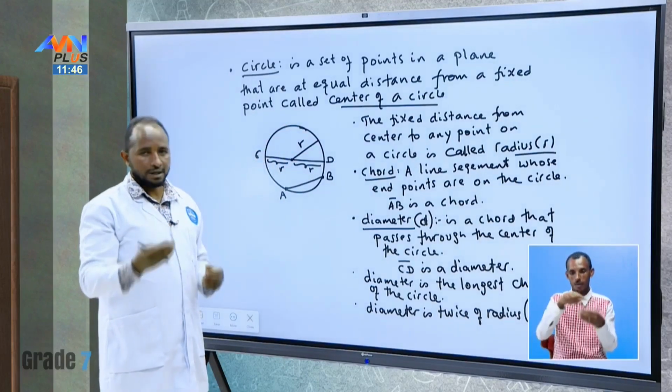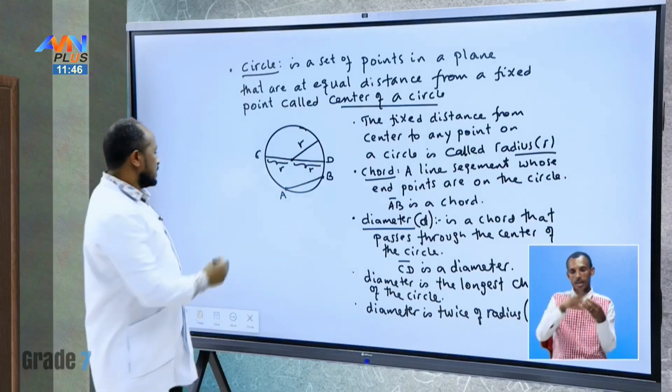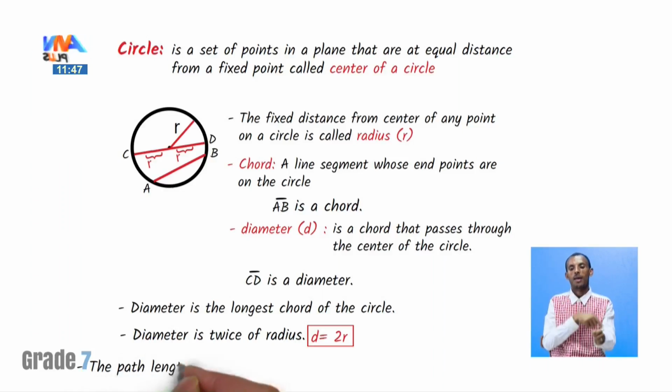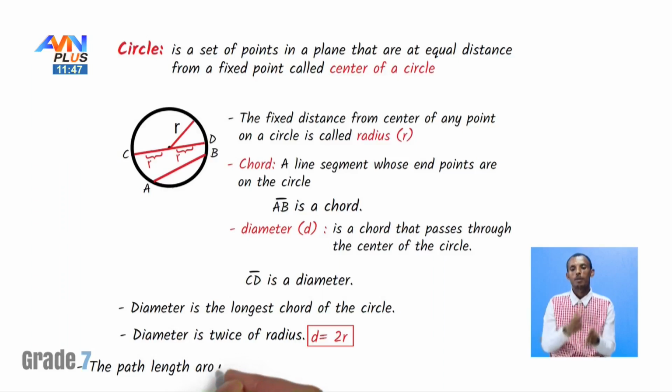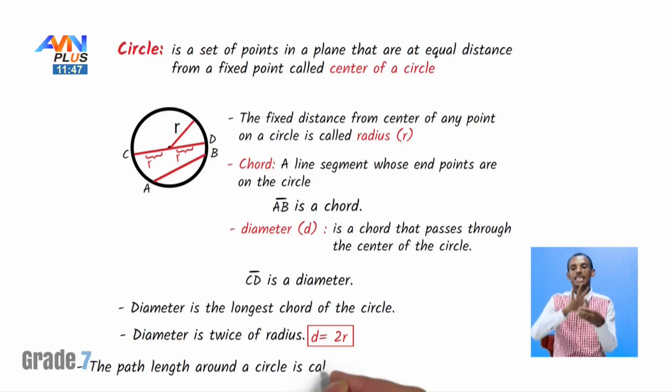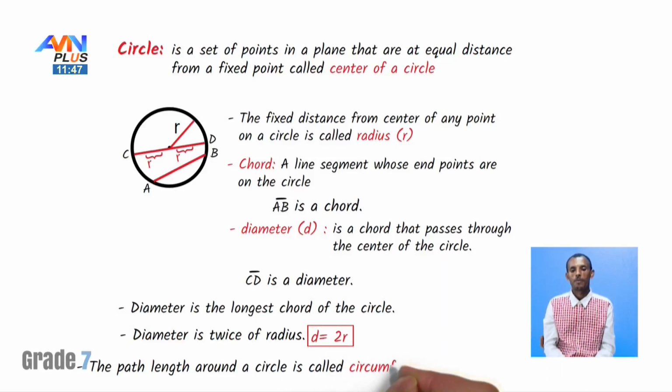So the path length around a circle is called circumference.